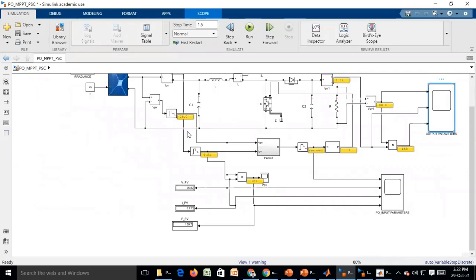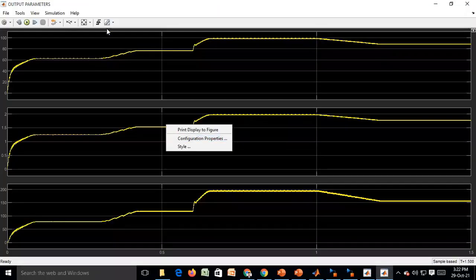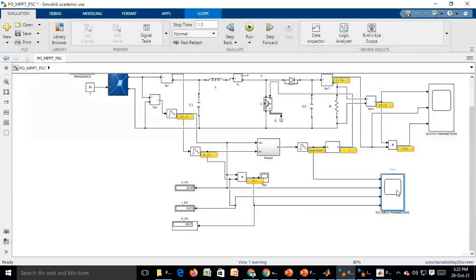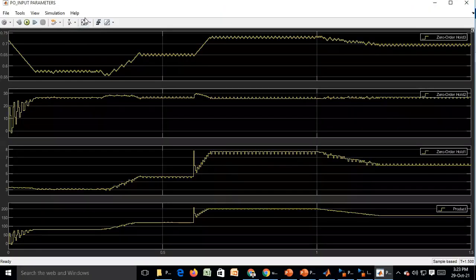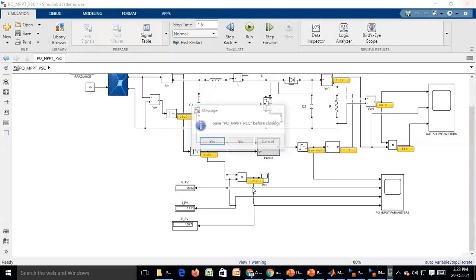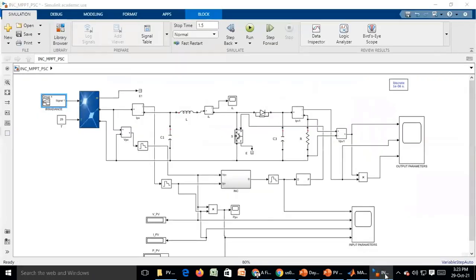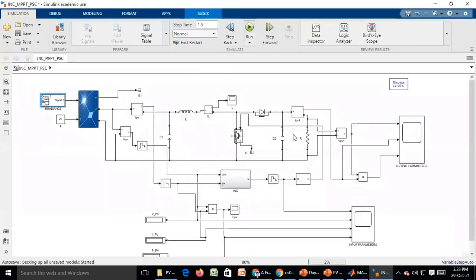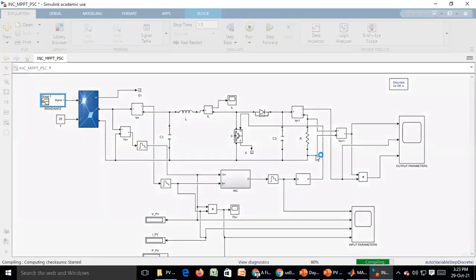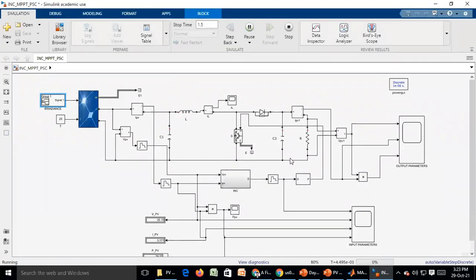Then we'll see the output. This is what it is tracking exactly. Now you will see how incremental conductance performs during a harsh shading condition. We'll see, then I will go to fuzzy.